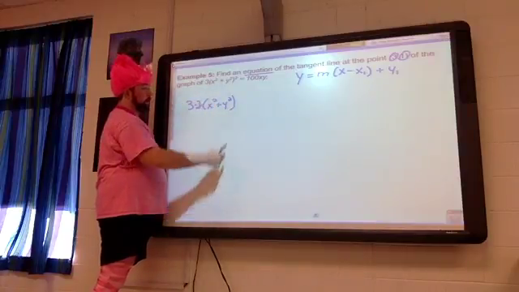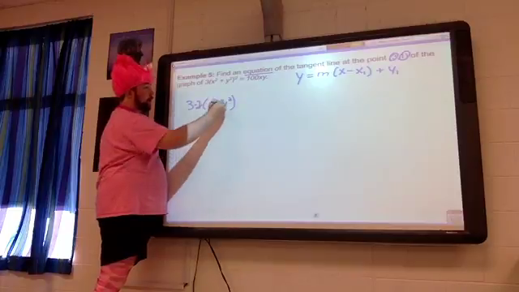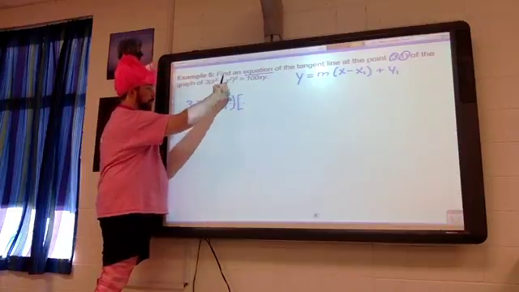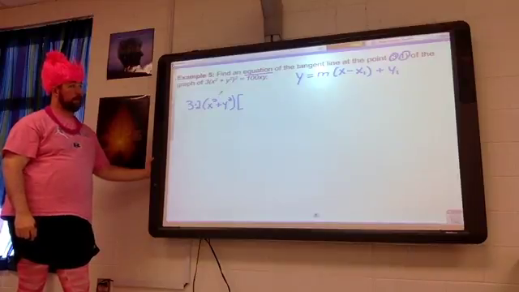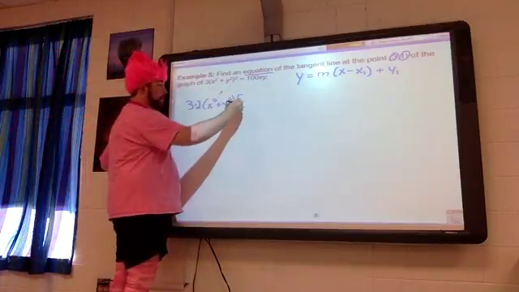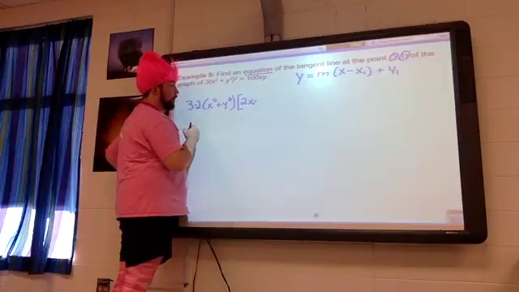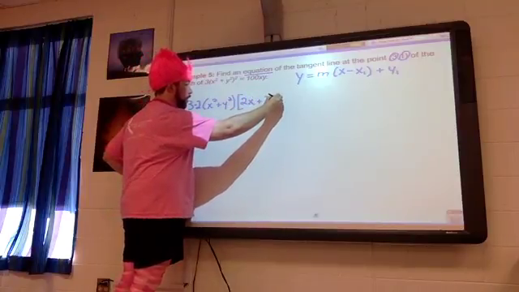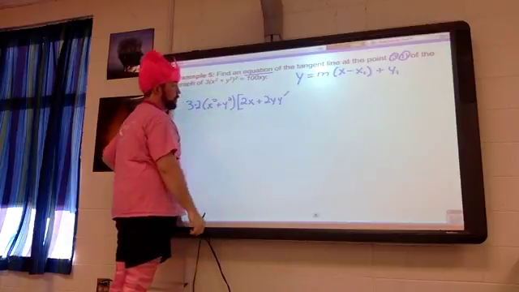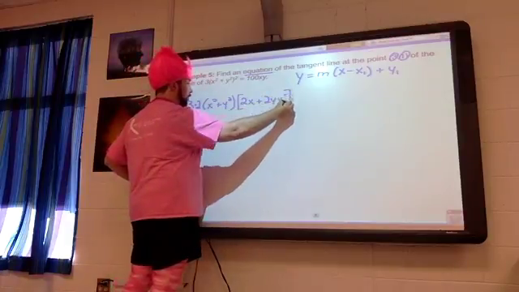This now goes to the first power, and then we have to multiply that by the derivative of this. This could get fun. The derivative of x squared is 2x. Derivative of y squared is 2y, y prime, or dy dx. And that is your left-hand side.